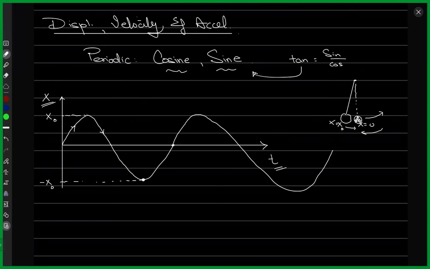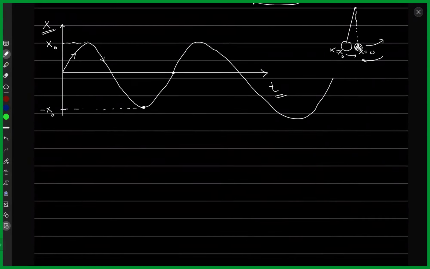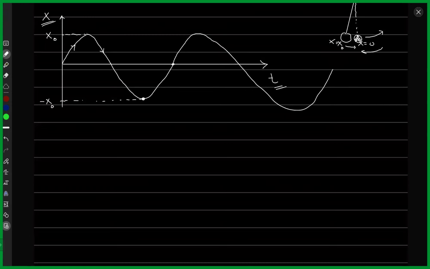All right. So we know that if I want to draw a velocity time graph, we know velocity is just displacement over time.